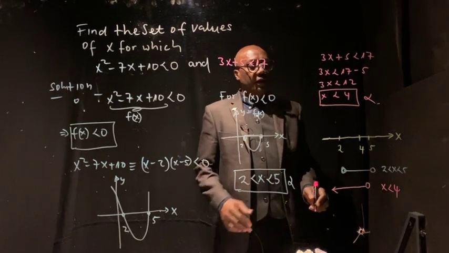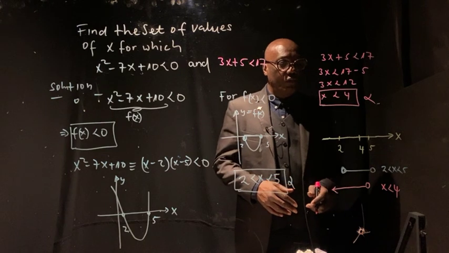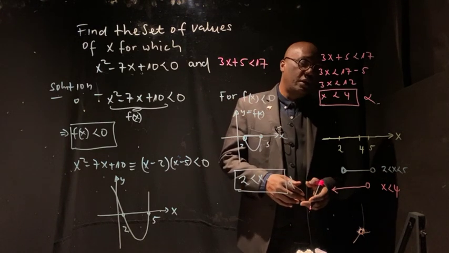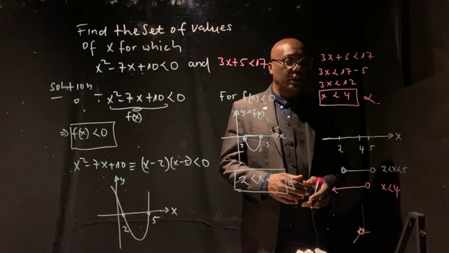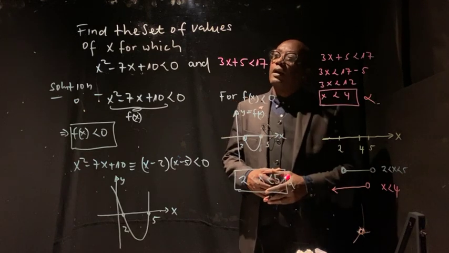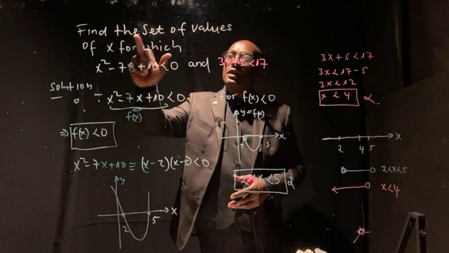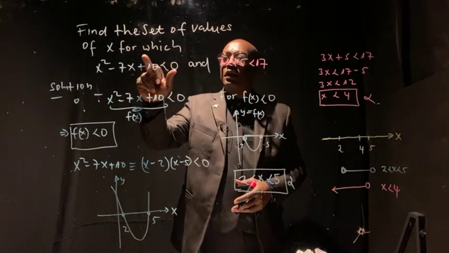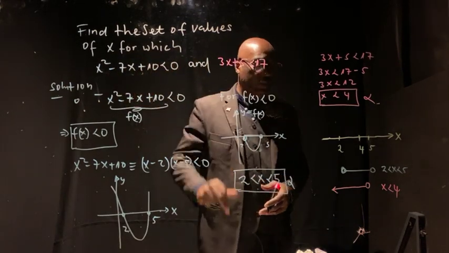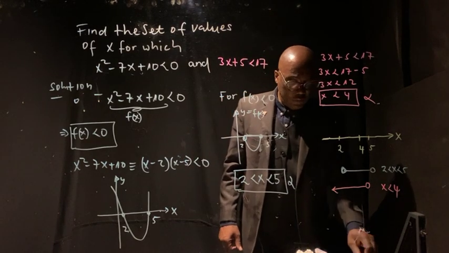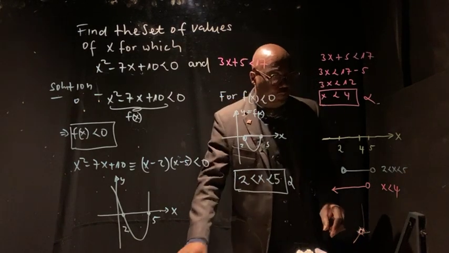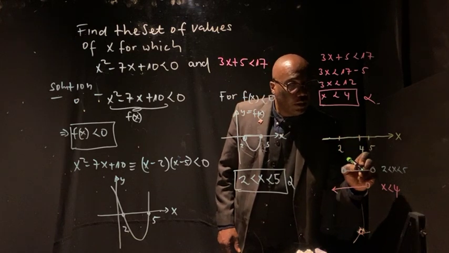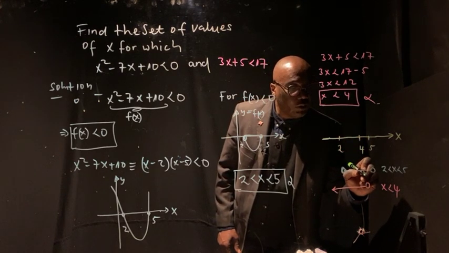Good. Now, we are going to find the overlapping region. The overlapping region is going to give us the set of values of x for which these two inequalities are valid. We observe that the overlapping region is this region. There's an overlap here.